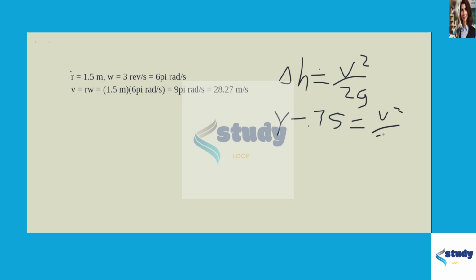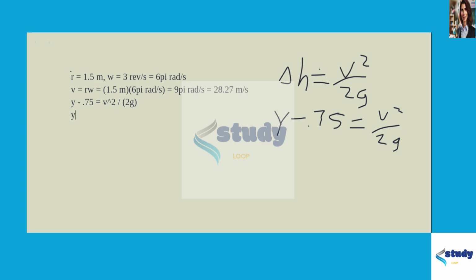So y minus 0.75 meters is equal to v squared over 2g.